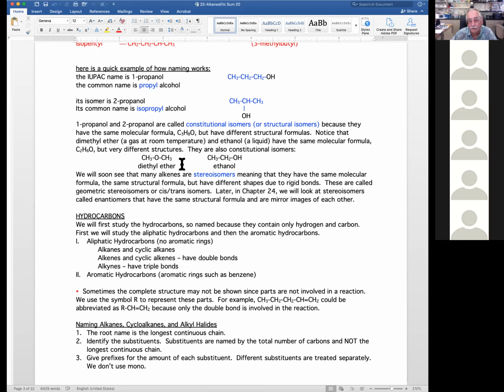And later on, we're going to look at stereoisomers. And I'll see if I can throw something together real quick on that. Probably can't be quick.